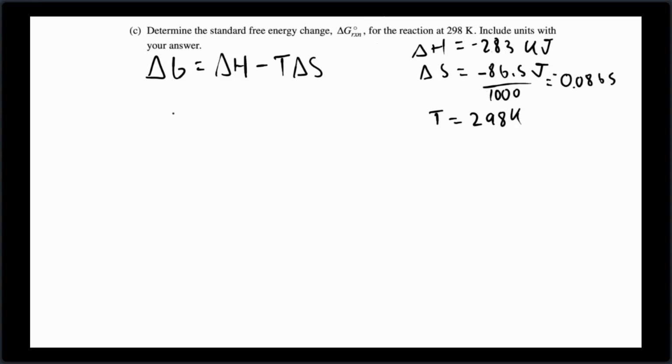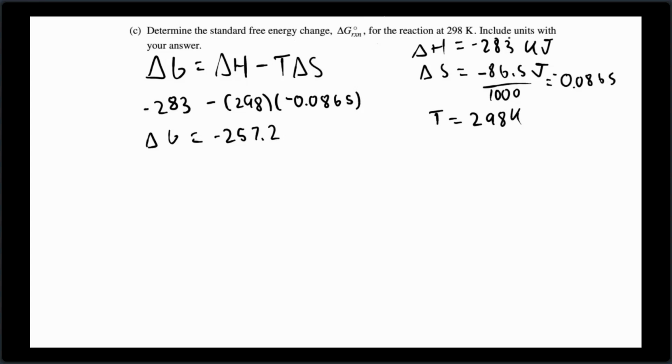Now all we have to do is just plug in our numbers. So for our change in enthalpy, that would be negative 283, and we'd subtract the temperature, which is 298, times our change in entropy, which was negative 0.0865, and our answer for the standard free energy change would be negative 257.2.